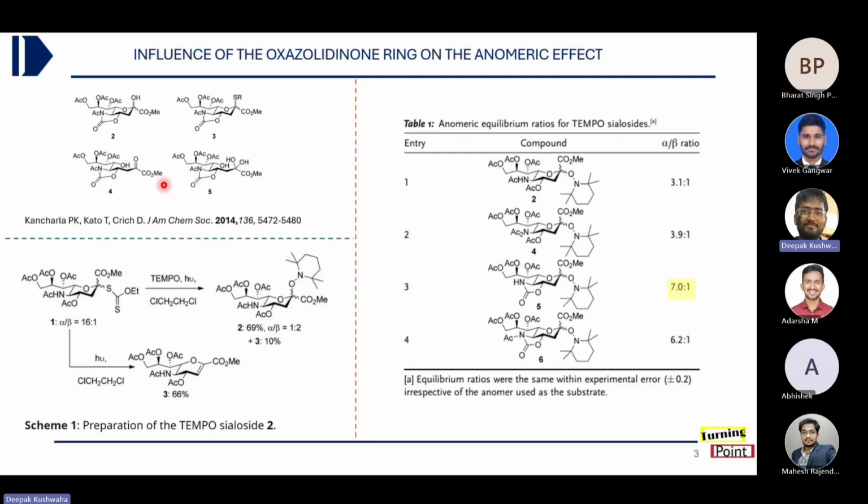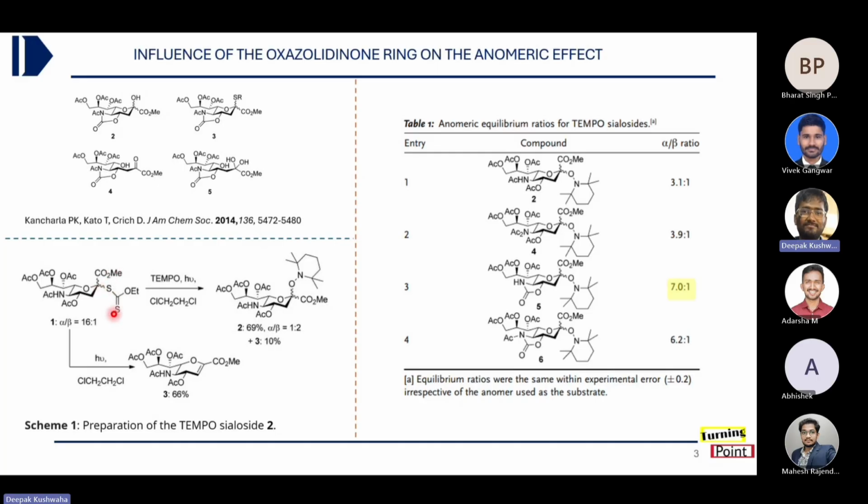So when they try to study the mutarotation, it has already been worked out that the open chain keto form will be more. So what they thought was that they will utilize this TEMPO and radical condition instead of generating this compound.